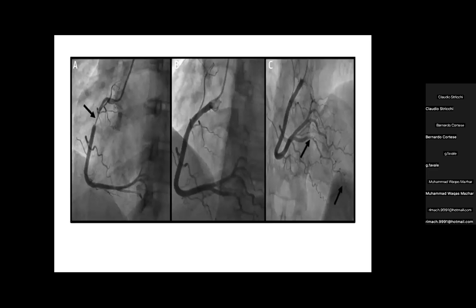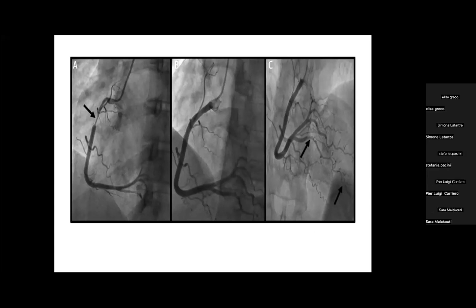So here we have cardiac cath images of the same patient before and after nitroglycerin injection. Anybody can comment? Yeah, it's very nice. I would like to have a comment from Vakas. Vakas, what do you think?